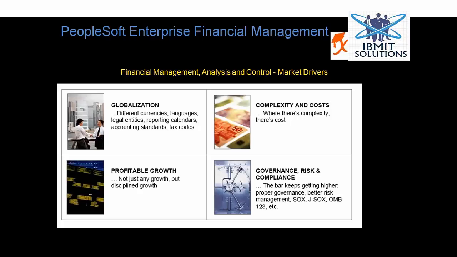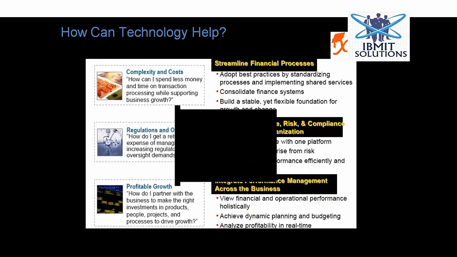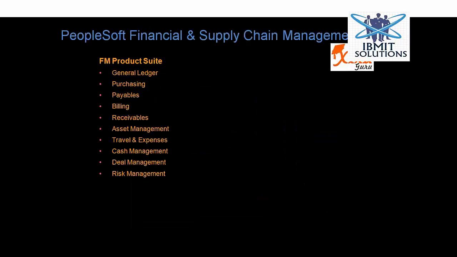Oracle will take care of it. They will take care of it and implement it in the product. And some kind of federal government things, you can keep monitoring. Okay. So these are the modules which are there in the financials and supply chain management.